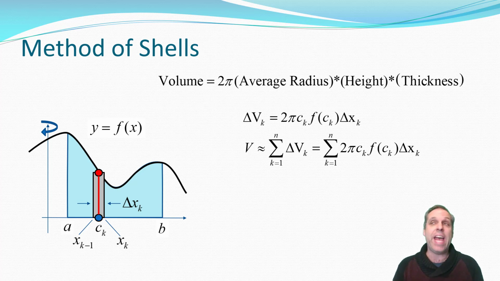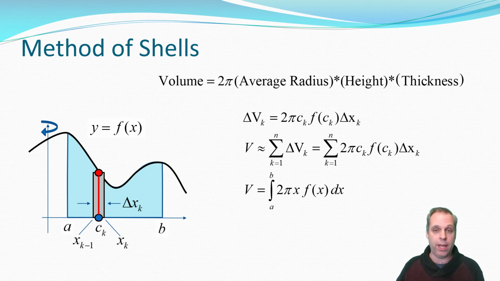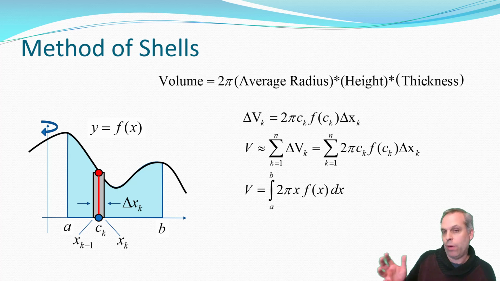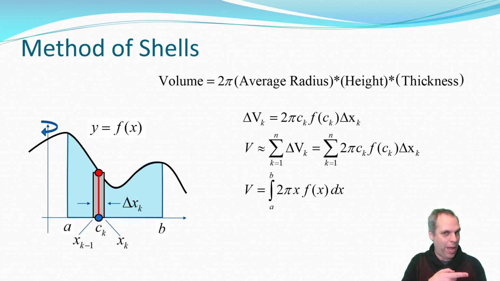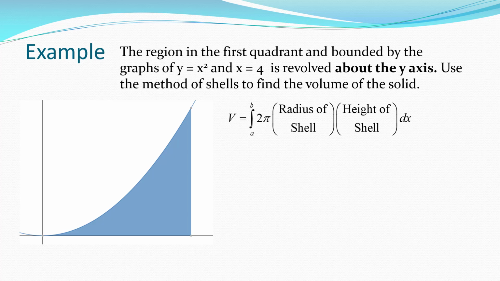Since we know that x times f of x, at least we're assuming, is continuous, then the limit of these Riemann sums of this type as the norm goes to 0 should exist and in fact equals, by definition, the definite integral from a to b of 2 times pi times x, where x represents the average radius to the actual axis, times the function value, that represents the height, times dx, that represents the thickness.